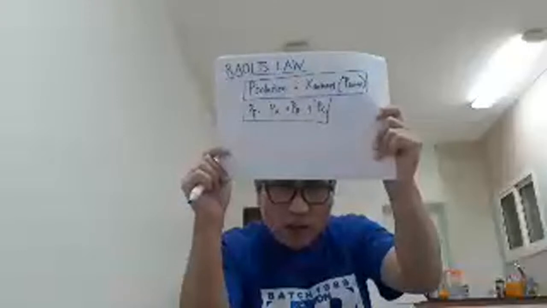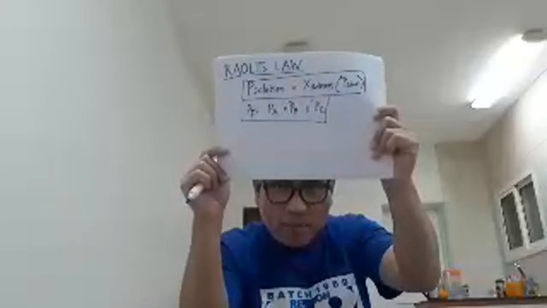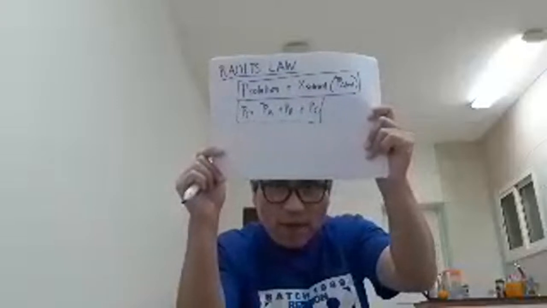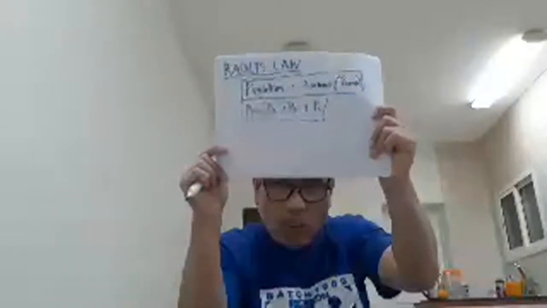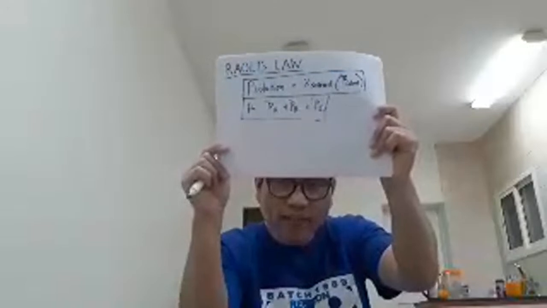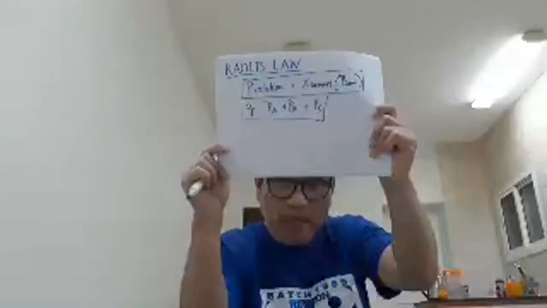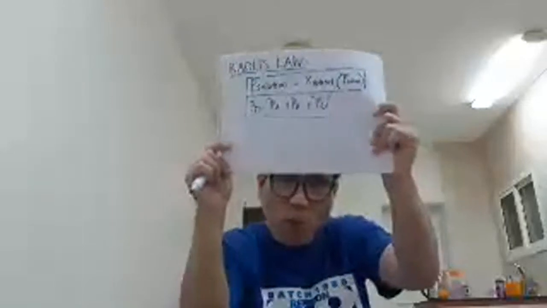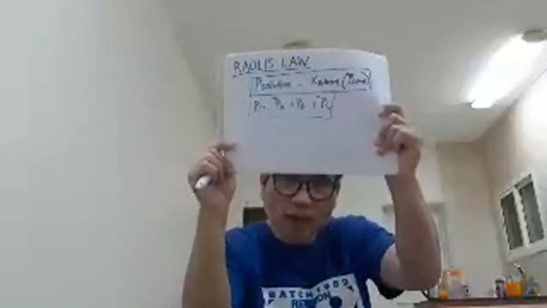The partial pressure of component A plus B plus C is equal to the total pressure. Now, both Raoult's law and the law of partial pressure obey the ideal gas principle. So we could say that the vapor pressure of the solution is equal to the total pressure in Raoult's law. So P total is equal to P solution.